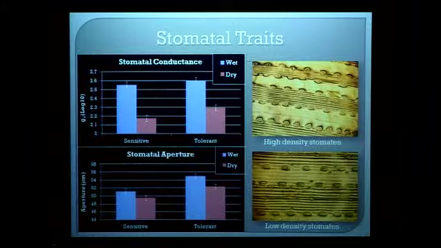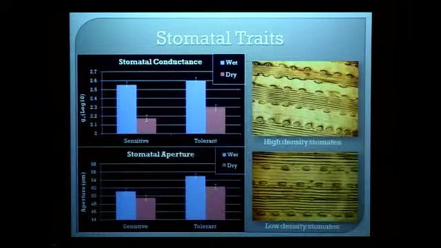It did on a genotypic basis though, so I still wanted to show you what that looked like and give you an image in your mind. For the stomatal conductance, however, we did see a significant difference for the tolerant varieties showing a higher conductance level than the sensitive varieties under that drought stress.